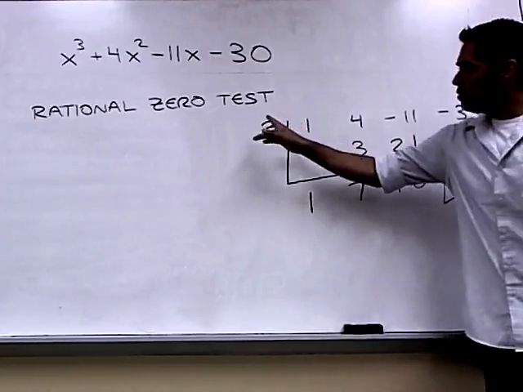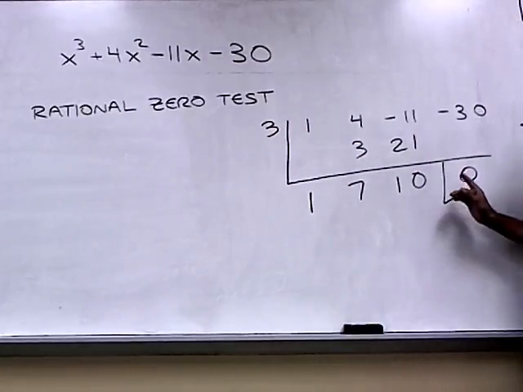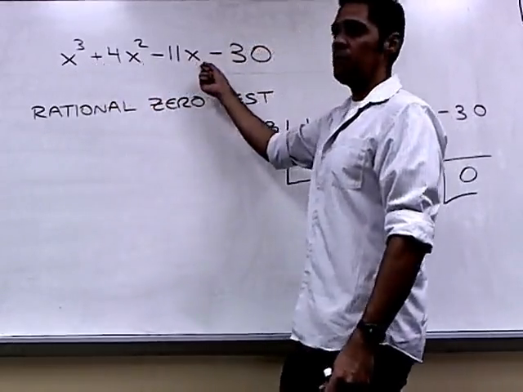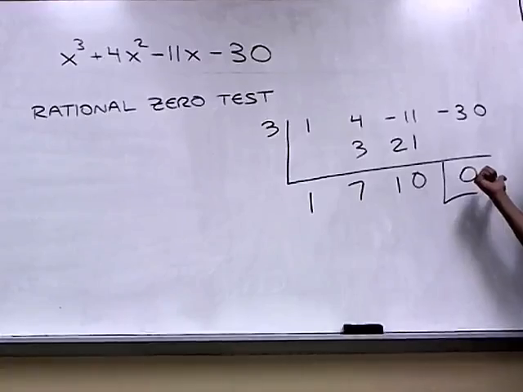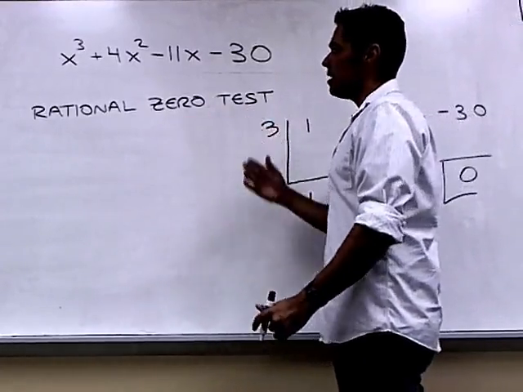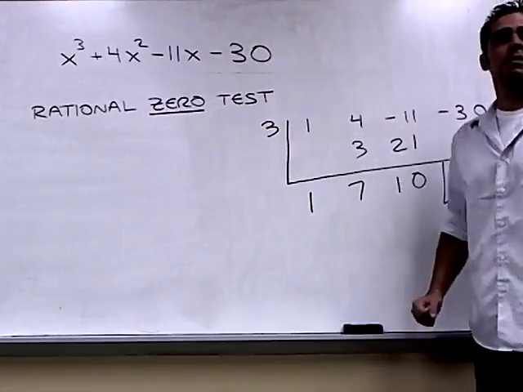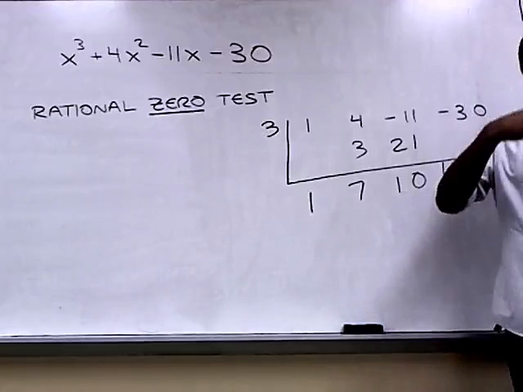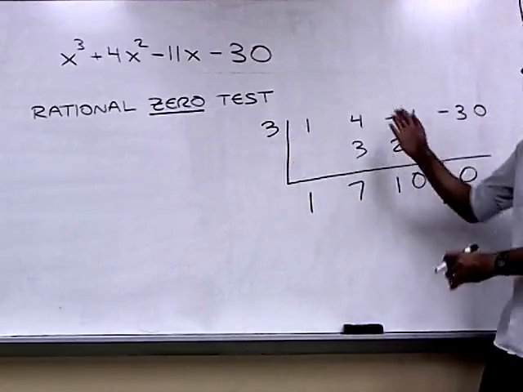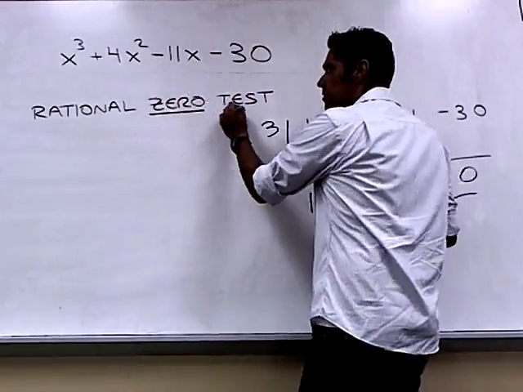So if you take the 3 here and you get 0, that was the same as saying that if you plug 3 into this, you should get 0 to come out. So when we say rational 0 test, the word 0 comes from the fact that what we're doing is we're going to run a test to see if we can create the zeros of some polynomial.